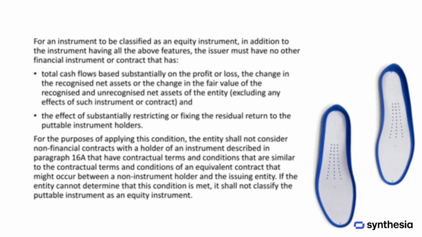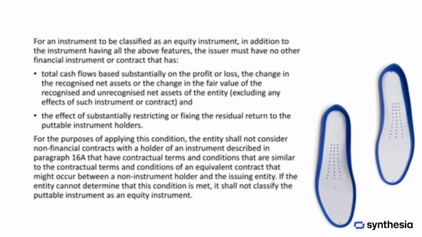For a puttable instrument to be classified as equity, it must not only meet all the previously described features, but the issuer must also have no other financial instrument or contract that significantly affects the residual returns to the puttable instrument holders. Specifically, there should be no other instrument or contract where the total cash flows are largely based on the entity's profit or loss, changes in recognized net assets, or changes in the fair value of both recognized and unrecognized net assets, and which substantially limits or fixes the returns to the puttable instrument holders.